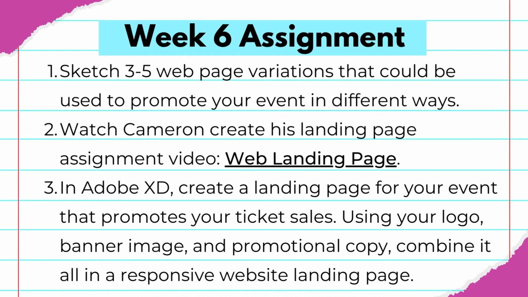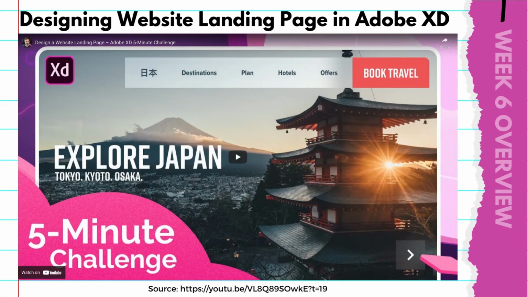And lastly, in Adobe XD, you're going to create your landing page for your event that promotes your ticket sales using your logo, banner image, and promotional copy, and combine it in a responsive website landing page.